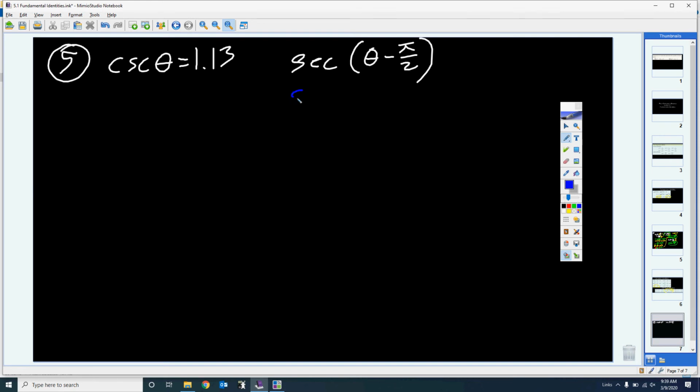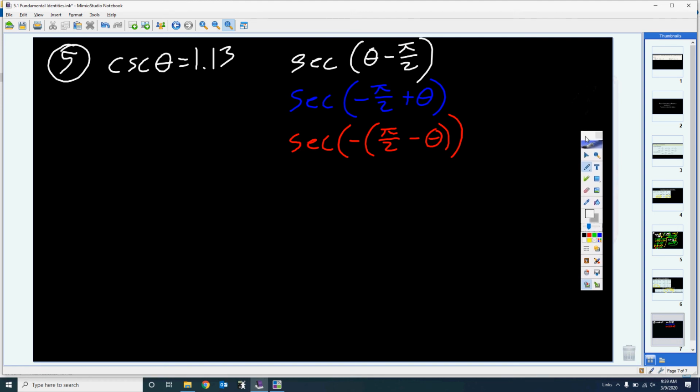I'm going to say this is secant of negative pi over 2 plus theta, and that's still different, so I'm going to factor a negative out: secant of negative, pi over 2 minus theta. Now at least I have the pi over 2 minus theta, but I have this negative out front.